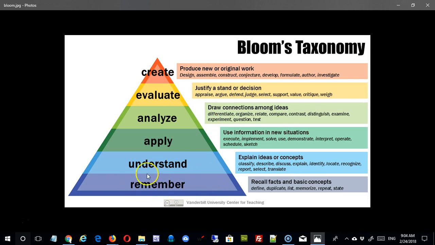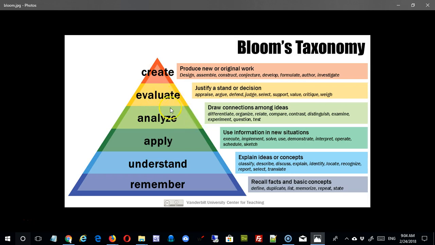I've used my knowledge and my understanding, my ability to apply that. I've analyzed things, and now I've created something new. Keywords mentioned here are to construct, to formulate, to author is great. Is a great example because that indicates that what you've done is your own work, something new to this world.